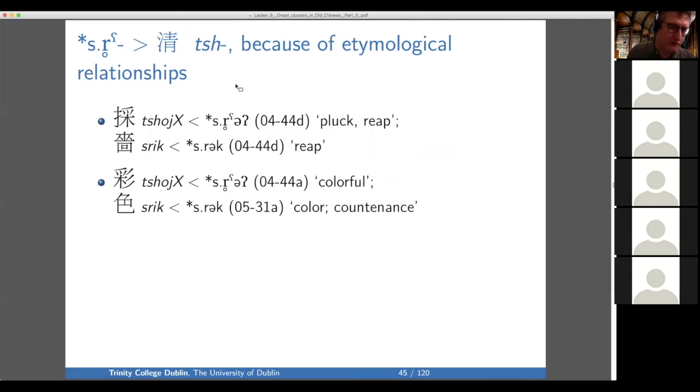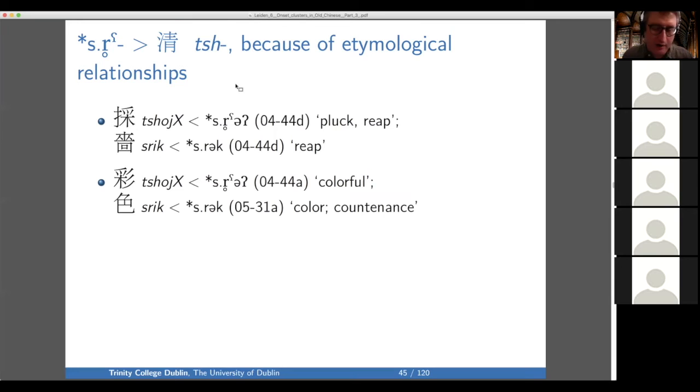Okay, moving along. So we have S before a voiceless R. So you have pluck and reap, and you have colorful and color countenance, where you have these connections between tsa and sra. Now, I will just point out that there's a lot going on in these examples, and the same a lot is going on in both of them.